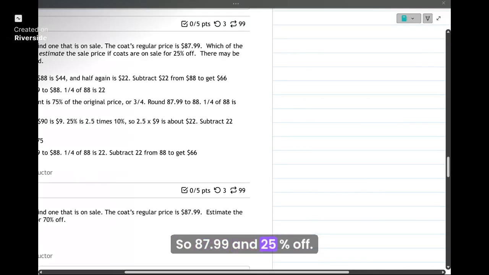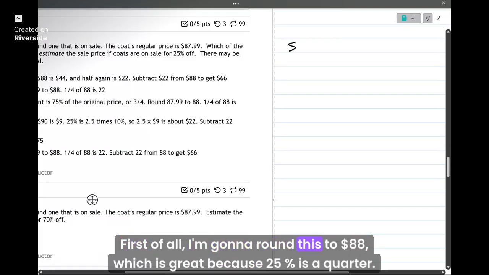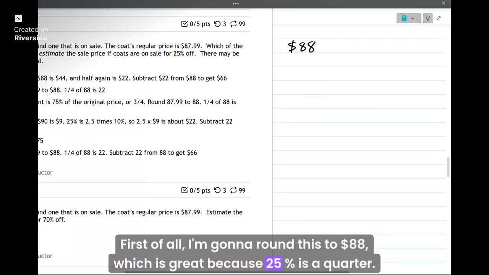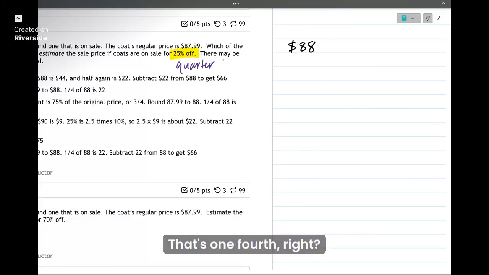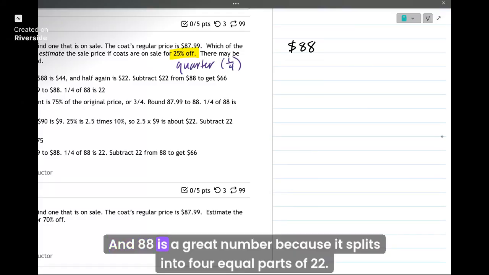So $87.99 and 25% off. Let's start off. First of all, I'm going to round this to $88, which is great because 25% is a quarter. That's 1/4, right? And 88 is a great number because it splits into 4 equal parts of 22.